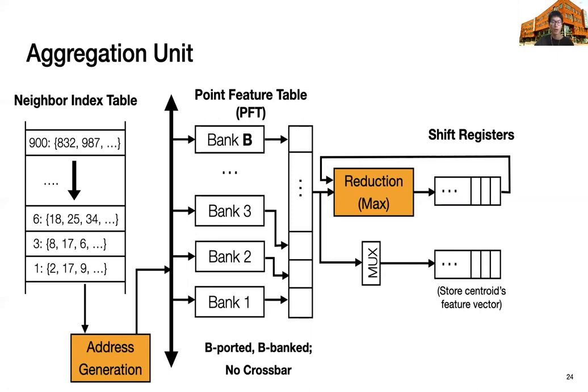After completing aggregation in the two shift registers, these two vectors will perform a normalization, which is essentially a subtraction, and store the result to the global buffer. In our paper, we have more detailed information on how to reduce the size of the point feature table and effectively compute aggregation. Please check our paper for more details.